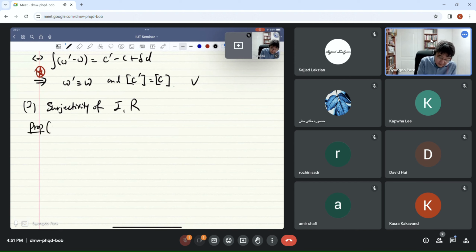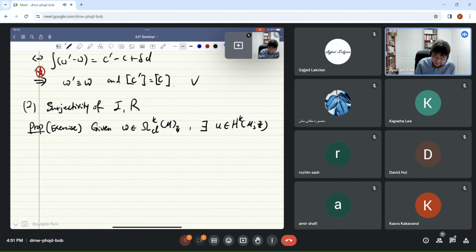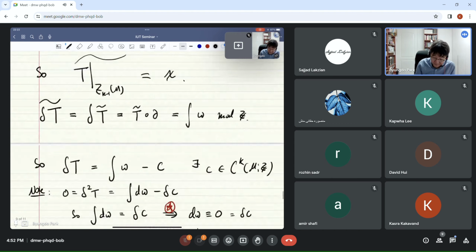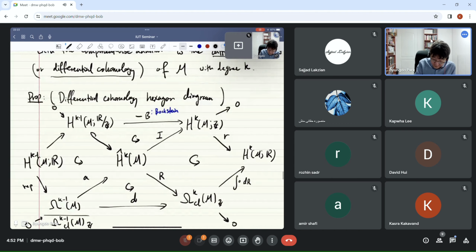So this is an exercise to show that given omega that's in closed forms in degree k with integral periods, there exists u in this degree k integral homology such that, so you take u and then realify it. So you send it from this integral homology. So if you have u here, then map it here by r of u.